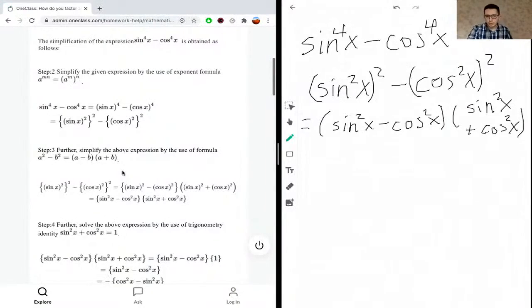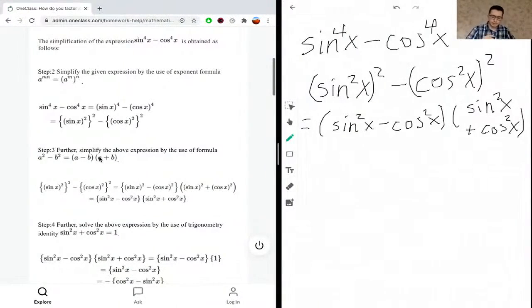Here, if we represent a and b values, a would equal sine squared x, and b would equal cos squared x. When we split them out, we have a minus b, sine squared minus cos squared, and then a plus b again, sine squared plus cos squared x.